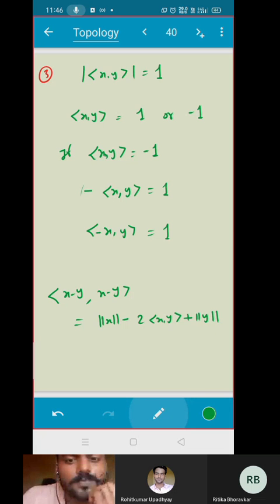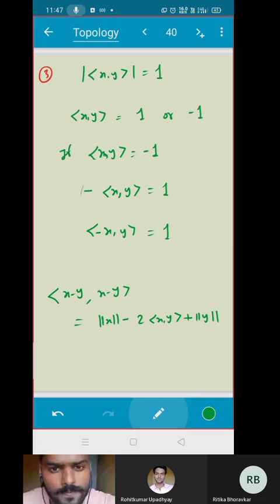We can. Minus 2 inner product of xy we can write as plus 2 inner product of minus xy. What did you say? Will you repeat? Minus 2 inner product of xy we can write as plus 2 inner product of minus xy. Then what? Then we can write 1 over there. Then yes, you got that value as 2.